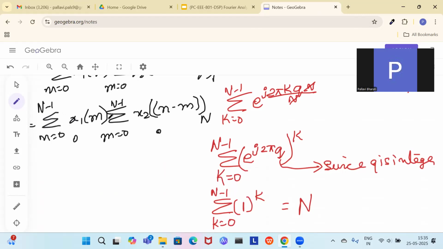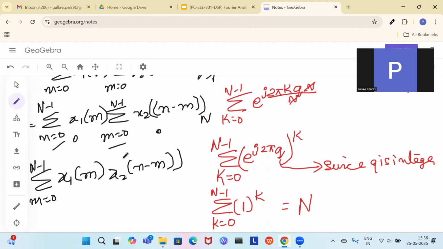So x1[m], these two are the same summations, so we will take it once only. n equals 0 to N minus 1, x1[m] x2 of n minus m with modulo of N. This is basically x1[n] convolved with x2[n].